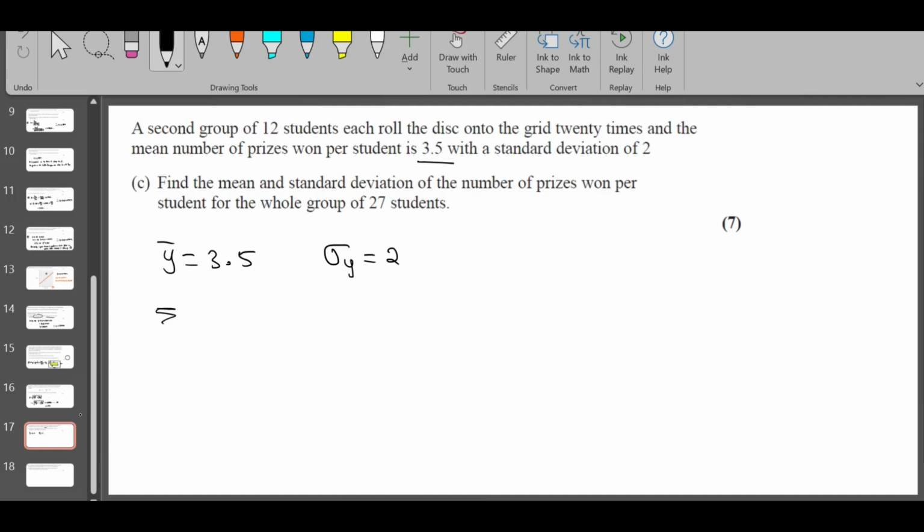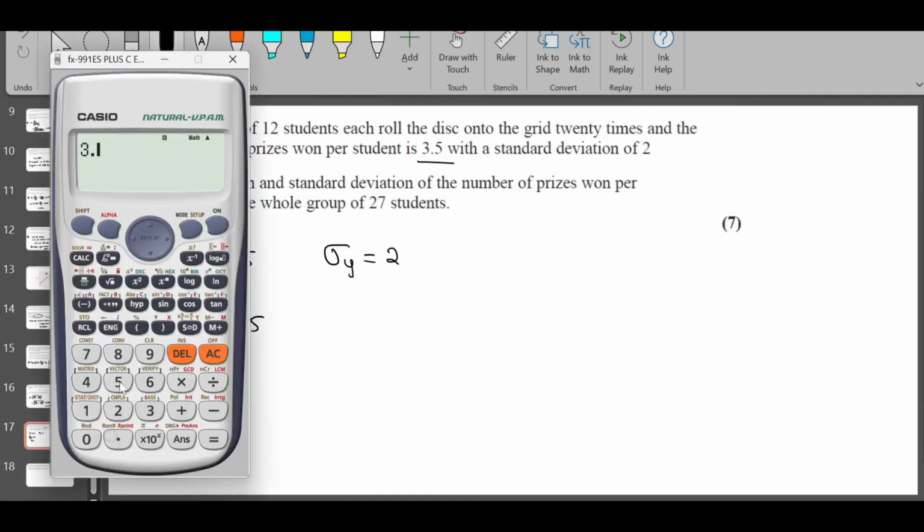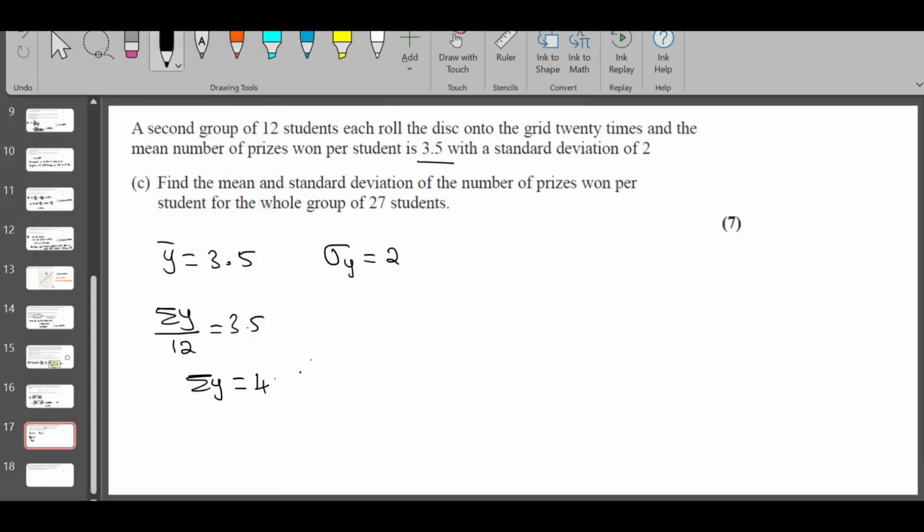This is basically sigma y over 12 is 3.5. We can find sigma y, which is 3.5 times 12, 42. Now find the mean and standard deviation of the number of prizes won per student for the whole group of 27 students.